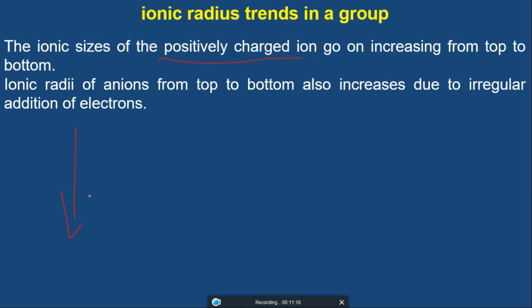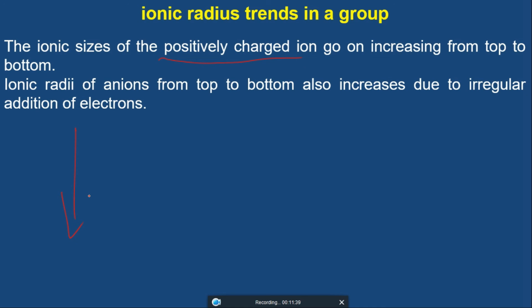So when atomic size increases, the number of outermost electrons also increases, and the force of attraction between the nucleus and the outermost electrons decreases. That is the reason that ionic sizes of cations increase from top to bottom in a group.